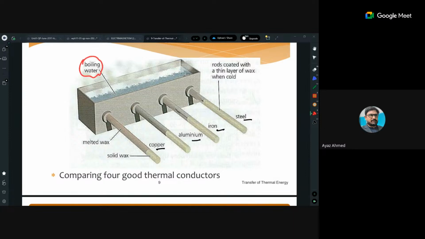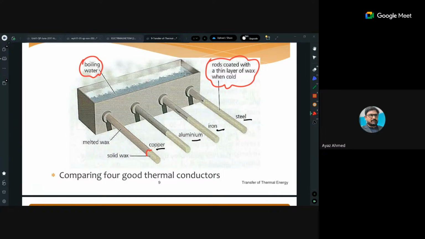The water's temperature is high, and there is wax around these rods; they are coated with wax. Did you see that only a small portion of the solid wax is left on the copper? It means copper is a very good conductor. The heat transfer in copper is at the highest rate.